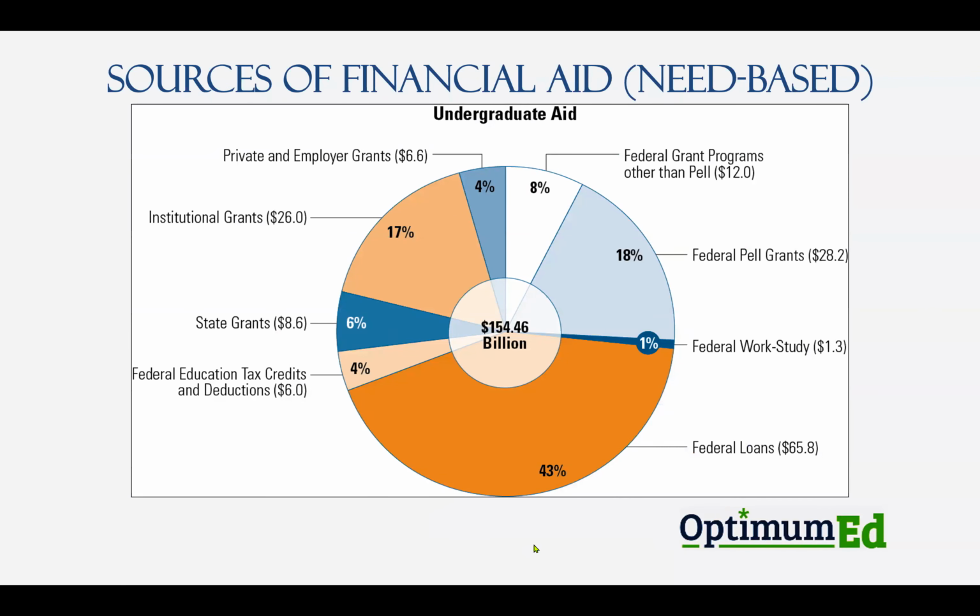Just to give you an idea of where the money comes from in terms of need-based financial assistance, you can see the majority of it is in the form of loans. But a small portion is in the form of outside money as well. You see that the backbone of the federal program is really the Stafford loan, which we'll take a look at in a little more detail.